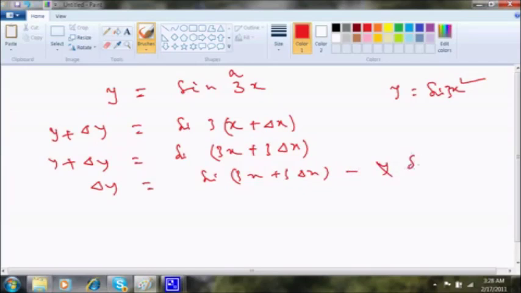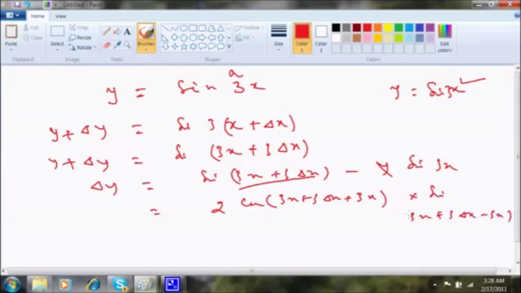Y is sine 3x, so this is sine a minus sine b, so this is 2 cos of 3x plus 3 delta x plus 3x, taking this as a, this as b, into sine of 3x plus 3 delta x minus 3x. So this becomes 2 cos 6x plus 3 delta x into sine of 3 delta x.